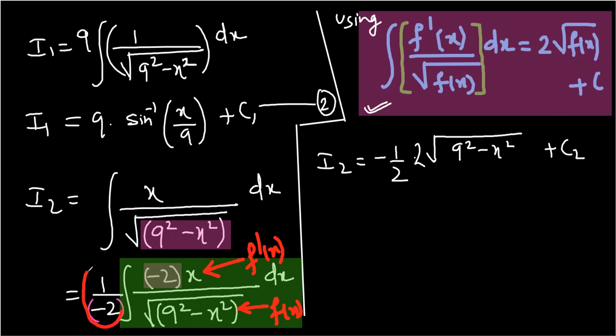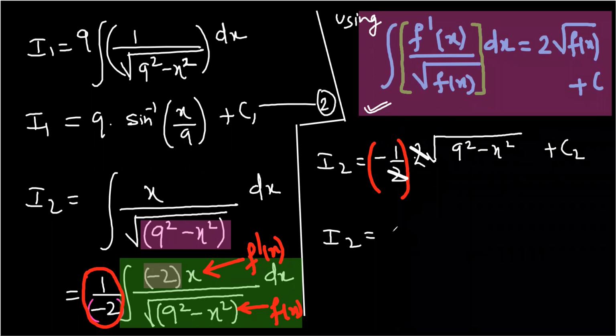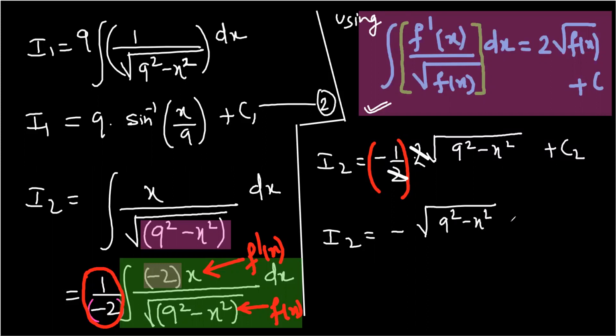So this minus 1 upon 2 I wrote here, and then 2 root f of x, that is 2 times root of 9 square minus x square. The next step is that this 2 and 2 cancel. What I get here is I2 as negative square root of 9 square minus x square plus c2.